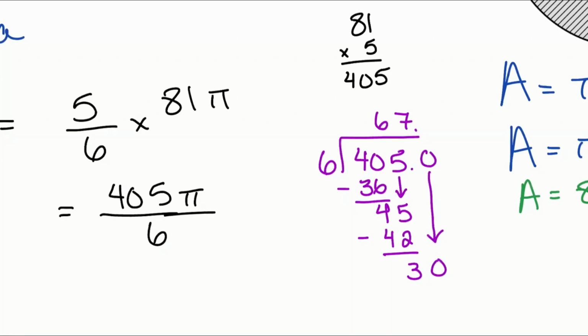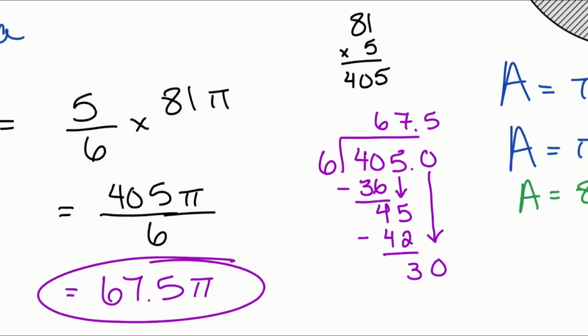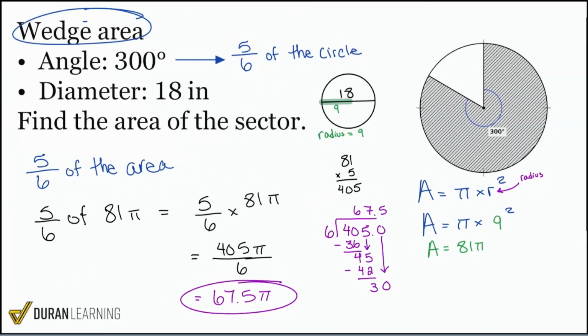And now 6 goes into 30. That'll be 5 times. And so we'll write that after the decimal place. So we have 67.5 pi. And there's our answer. 67.5 pi. There we go. That is the area of this sector here. That is the area of all of that right there.